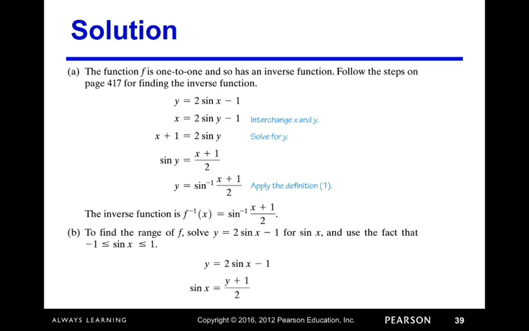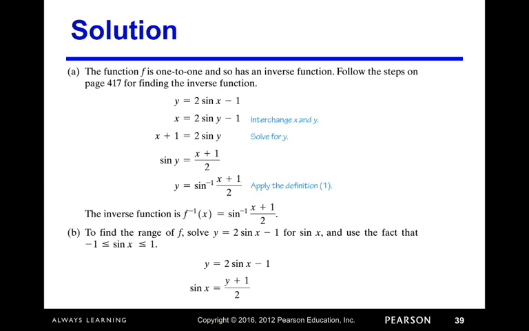Okay, for the range, sometimes when looking for domain and range, it's easier to think about our original function than our inverse function. Sometimes it's not. So to find the range, we're going to solve the original function for sine of x. As we rearrange that, it'll be (y plus 1) divided by 2.